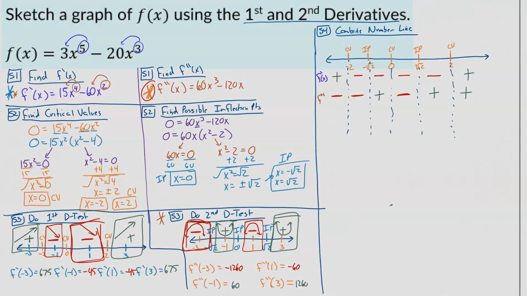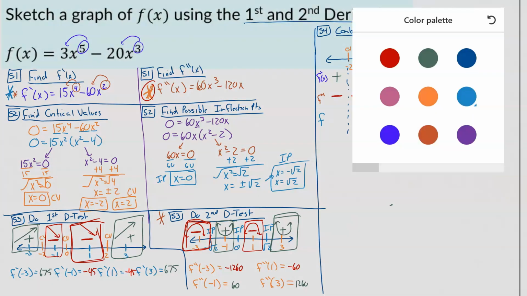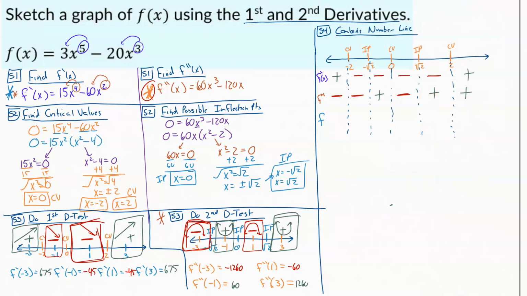Now that we have both of those things labeled on our combined number line, we can now come back and see what the shape of our original graph is going to look like. So as we read these things, remember that each part of a concavity shape has 2 halves to it. So when we're doing concave up like a cup, you've got this side of a concave up and you've got that side of the concave up.